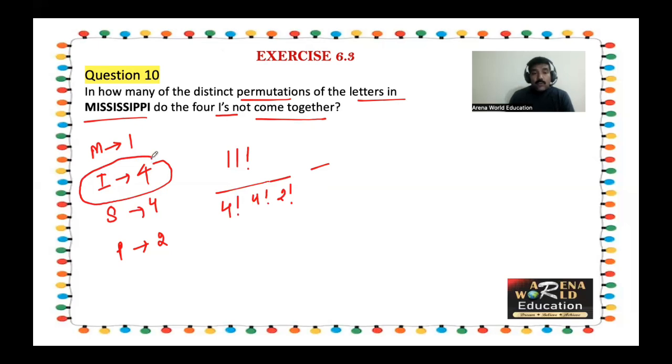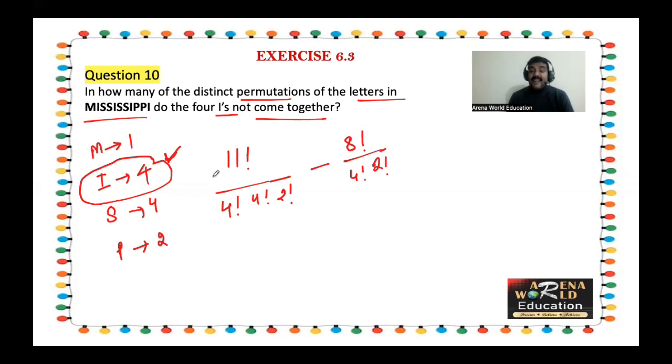So now we will make these 4 I's as one unit, right? So total we are having 7 plus 1, this unit, we will consider as one unit, complete 4. So this will be 8, right? So total 8 letters, and 8 letters can be arranged in this way, 8 factorial, and out of these 8, S is repeating 4 times, so 4 factorial into 2 factorial.